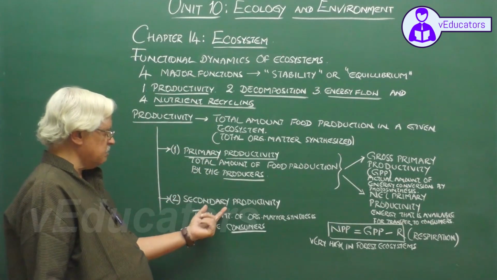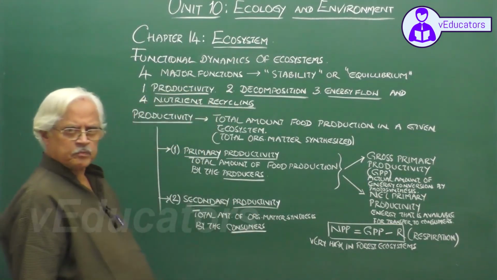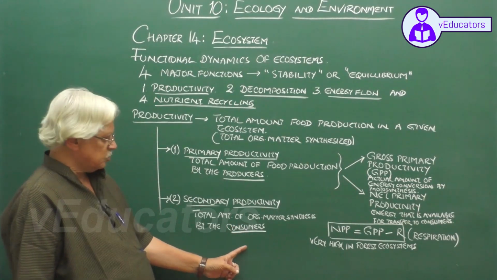Secondary productivity, as we have discussed, is the amount of food energy that is available at the level of consumers.